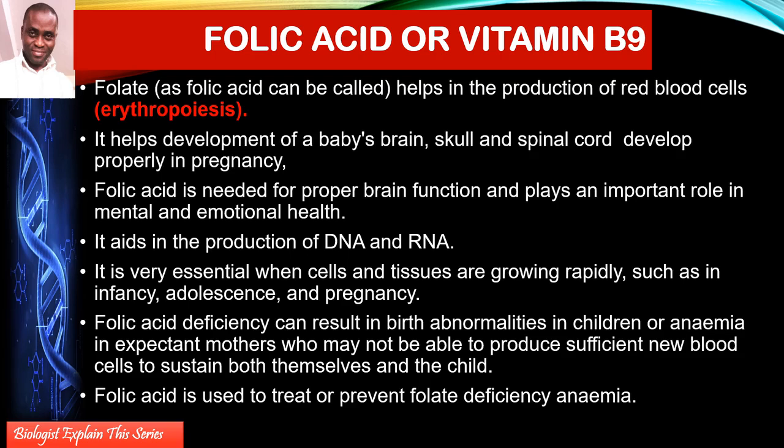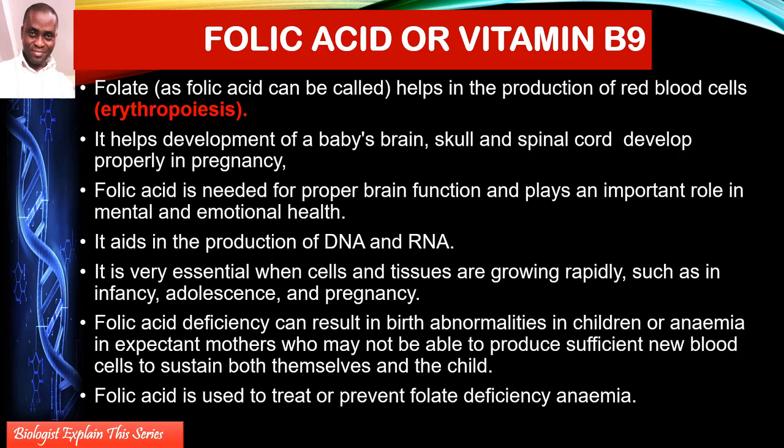Very, very important, when a child is developing, the brain, the skull, the spinal cord has to develop properly while the child is in the womb. And so a pregnant mother is supposed to take a lot of folic acid for the proper brain development of that child. A child whose mother did not take enough folic acid may be mentally deficient after birth.